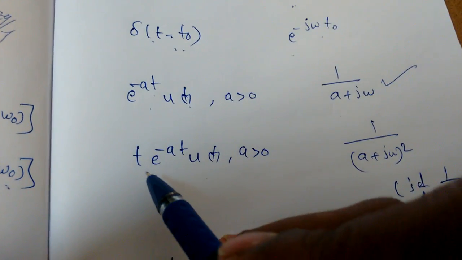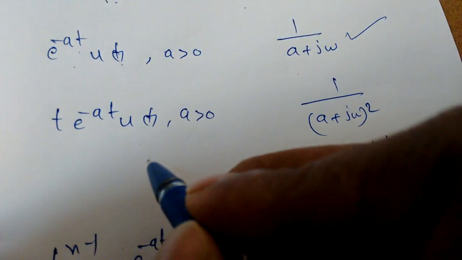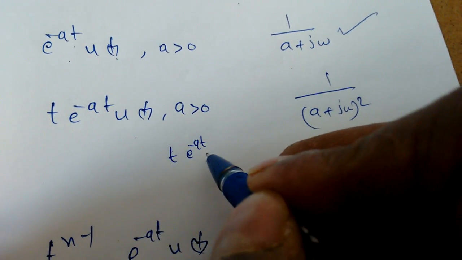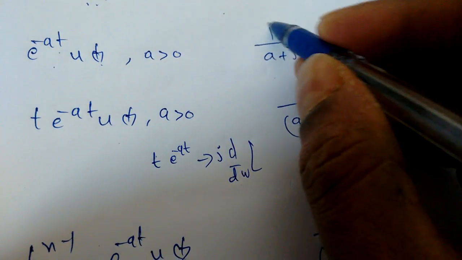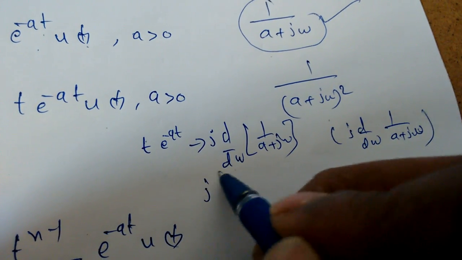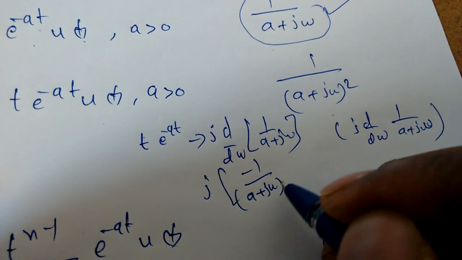If this is multiplied with t, we will get 1 by (a plus jω) whole square. For t e^(minus at) u(t), it is j into d by dω of X(ω), where X(ω) is 1 by (a plus jω). If I differentiate, we get minus 1 by (a plus jω) whole square.